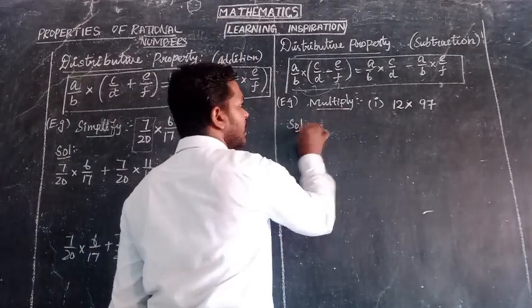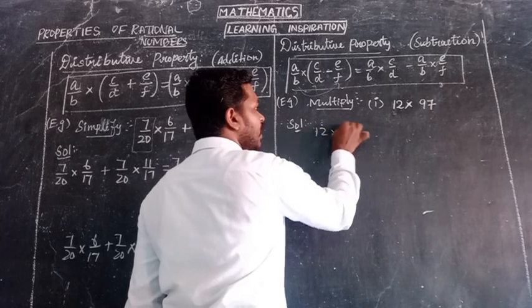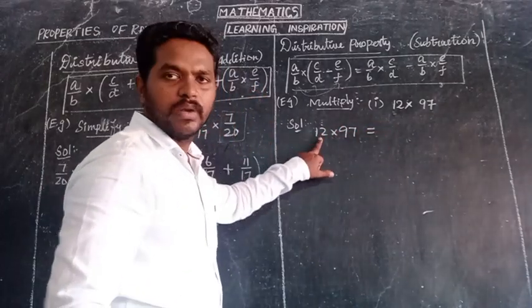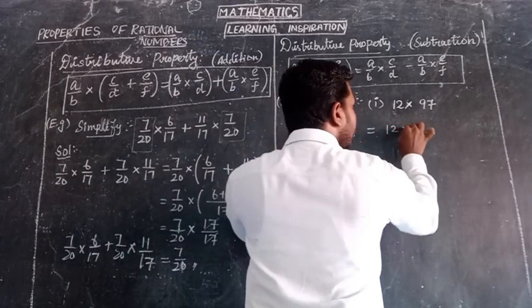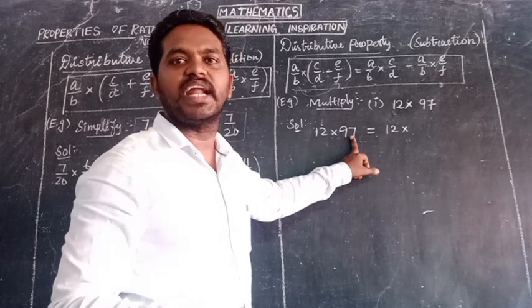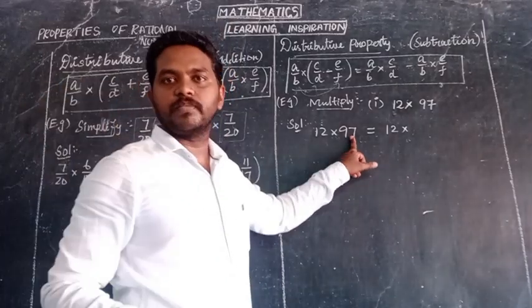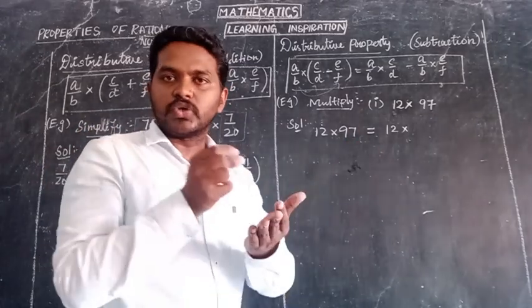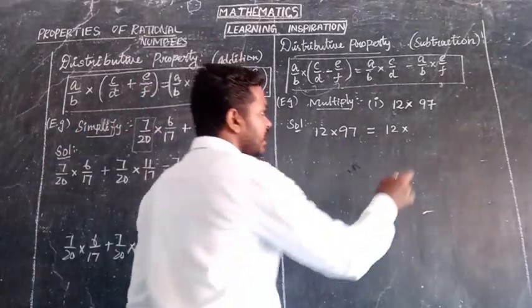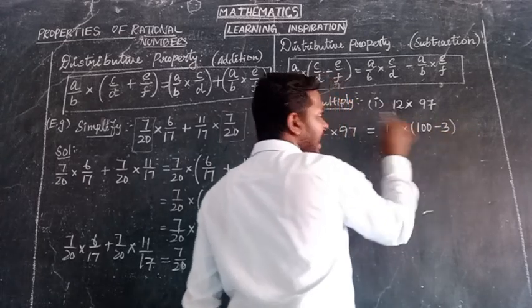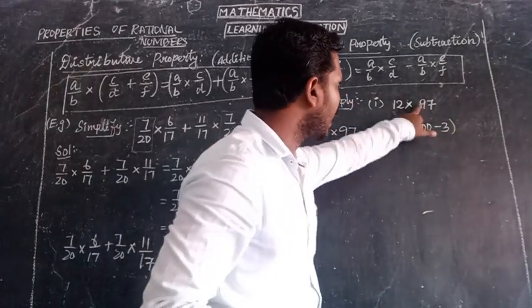First, 12 into 97 is equal to 12 into 97, and we can write 97 as 100 minus 3. Both are the same: 100 minus 3 is equal to 97. So that is 12 into 97 only.